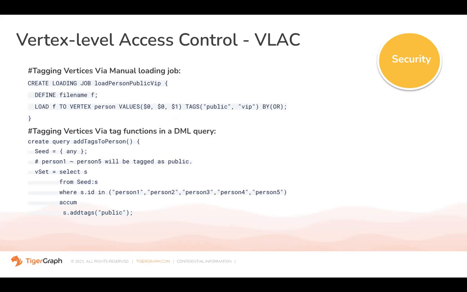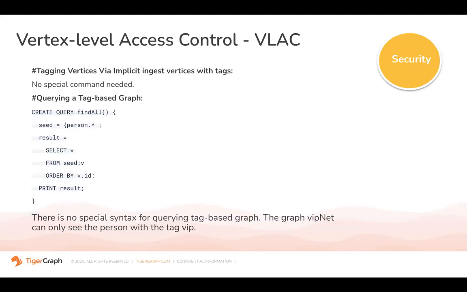So it defines what behavior you want once you add vertices. And the second thing, as I said, you can also add tags through functions in a DML query. An example is listed here. And the third one is obviously the implicit inheritance of the tags.